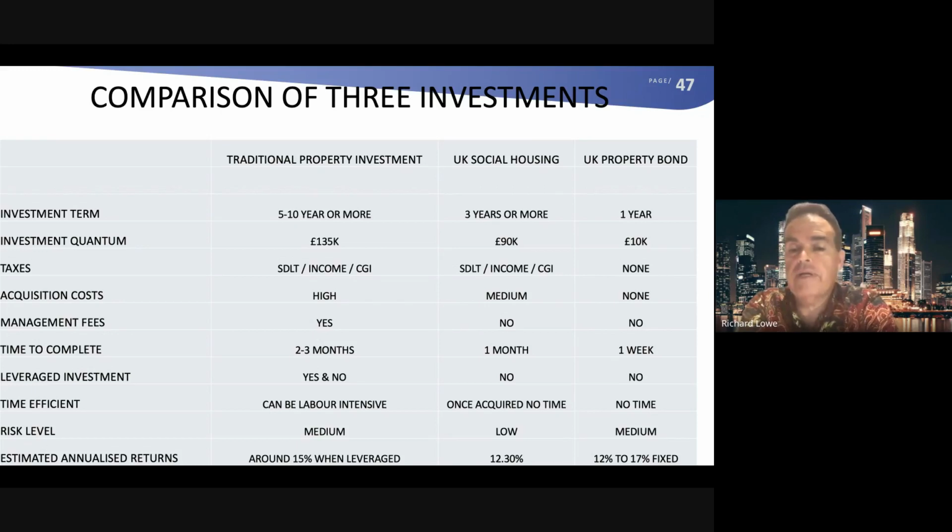Plus you sell the property at the end of the 3 years for a 10% appreciation. That's a 37% return over 3 years. Divide that by 3 and it's roughly 12.3%. And when we look at the property bonds, these are providing fixed income at a 12 to 17% rate of return.